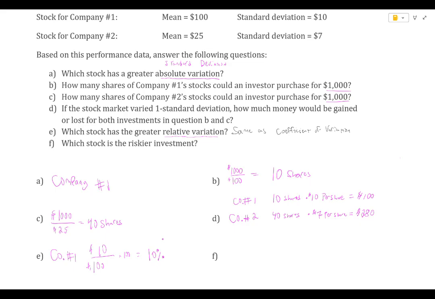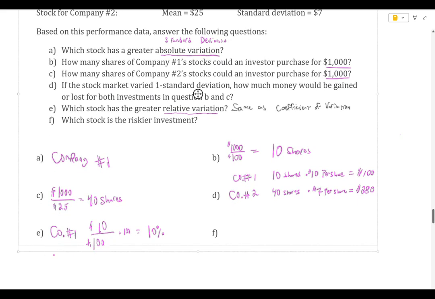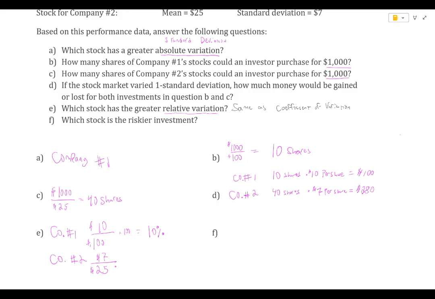For company number 2, we have a $7 standard deviation with a $25 mean price. Well, 7 over 25 is, I'm not sure.